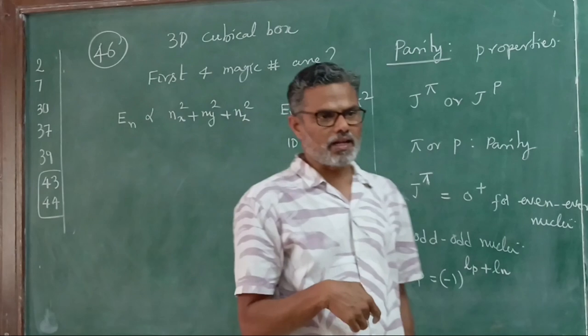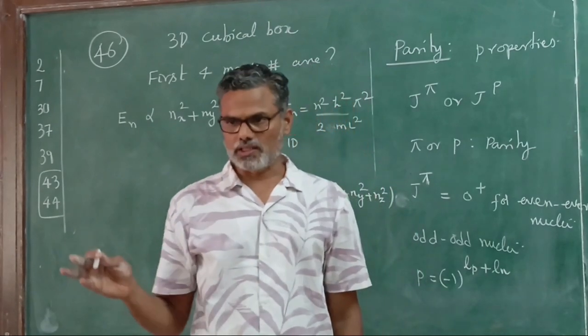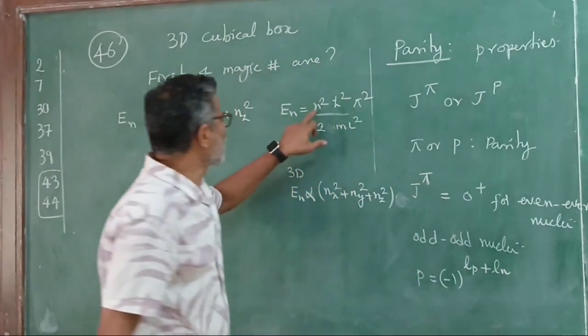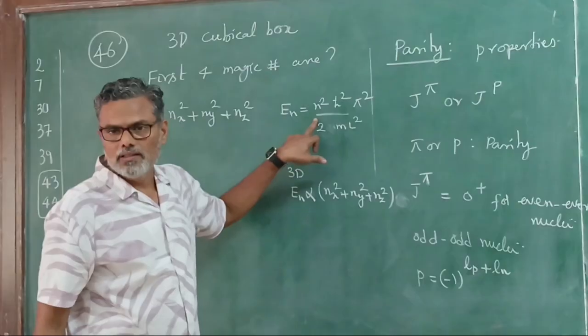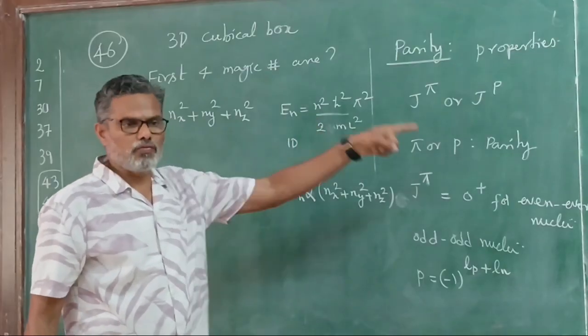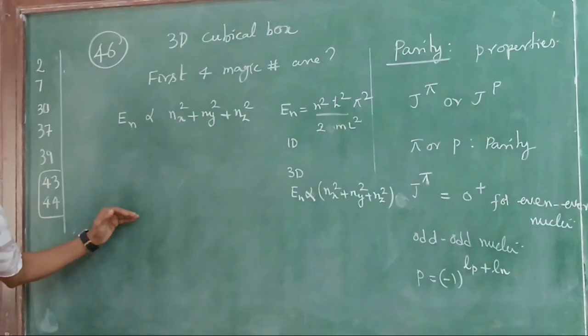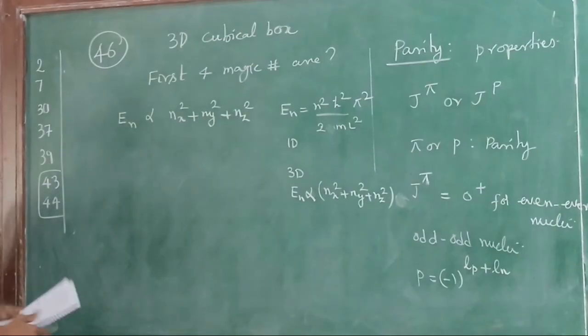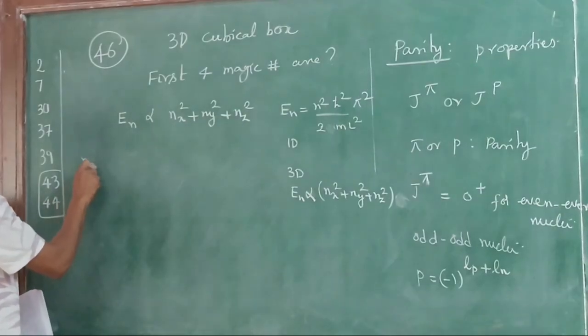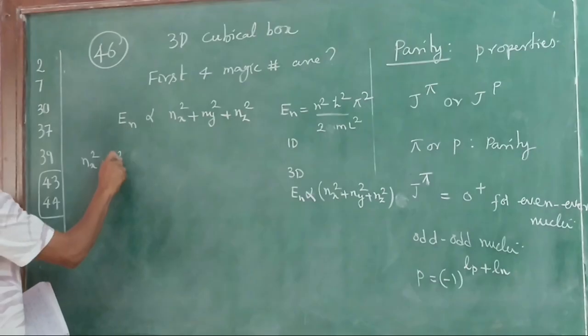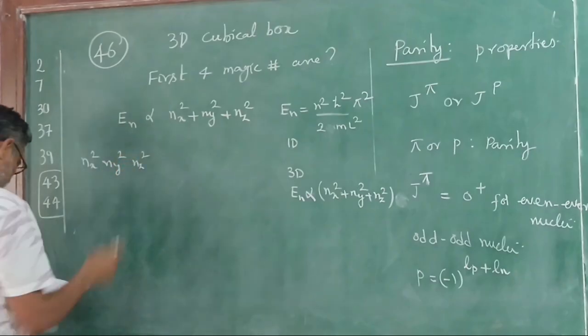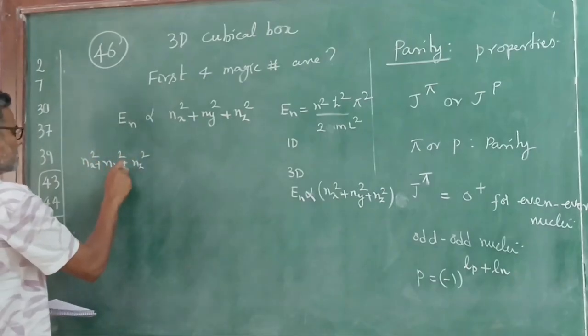If more than one state has the same energy, then you have a degenerate state. In the one-dimensional case, for a given n, there is one energy and one wave function. But here, energy levels will be the same but you have different states.